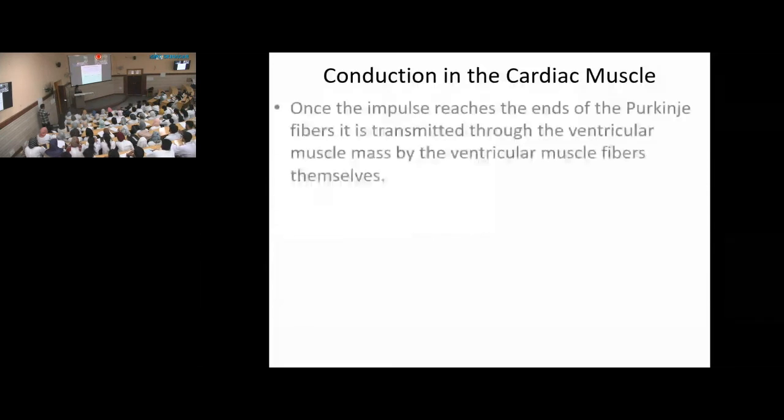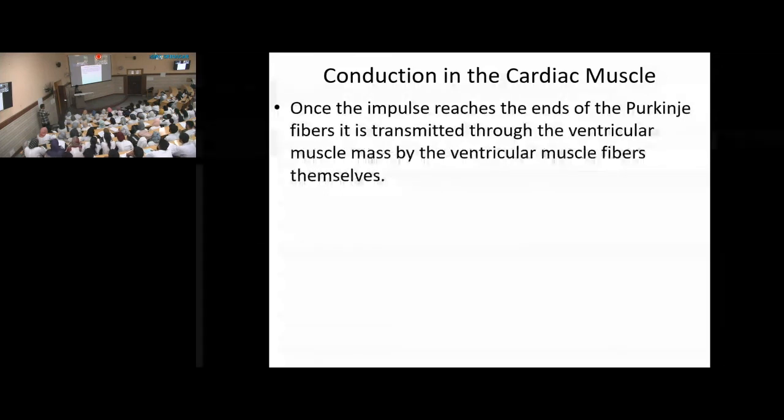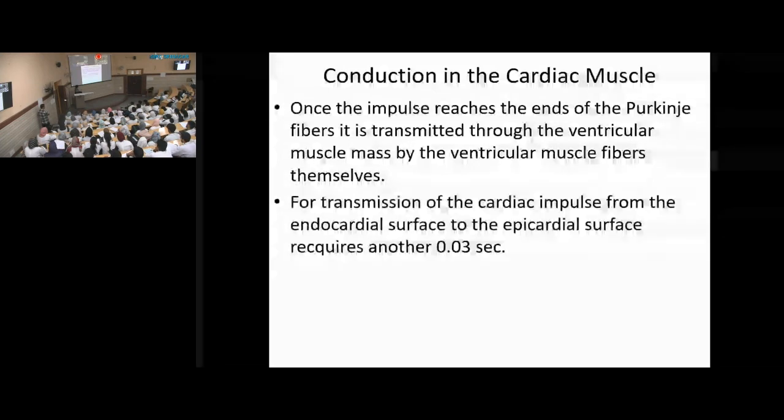So once the impulse reaches the ends of the Purkinje fibers, it is transmitted through the ventricular muscle mass by the ventricular muscle fibers themselves. And transmission of the cardiac impulse from the endocardial surface to the epicardial surface requires another 0.03 seconds. Okay, now this impulse, once it goes through the Purkinje fibers, first spreads through the endocardium, that is the inner surface of the heart.